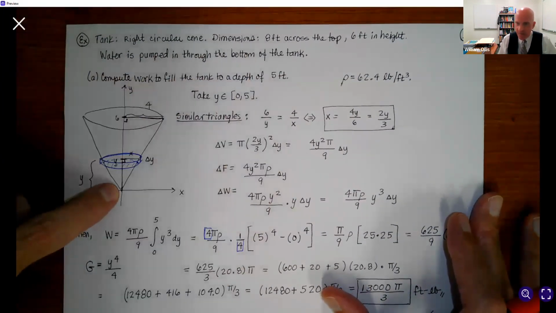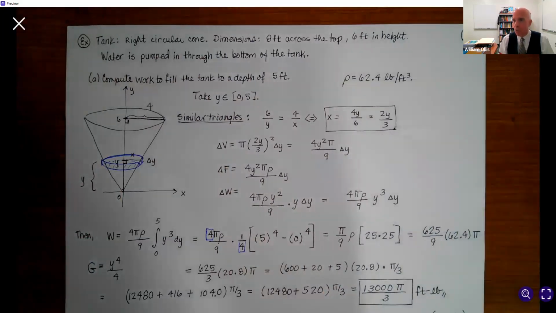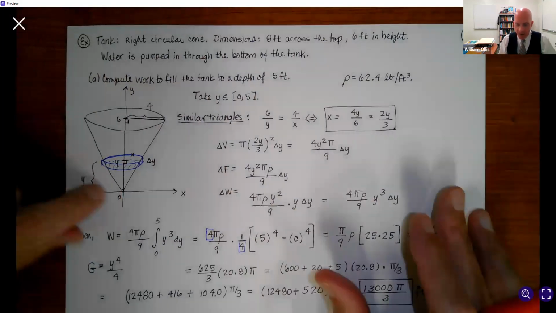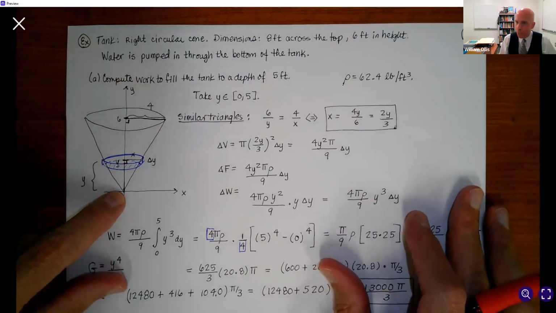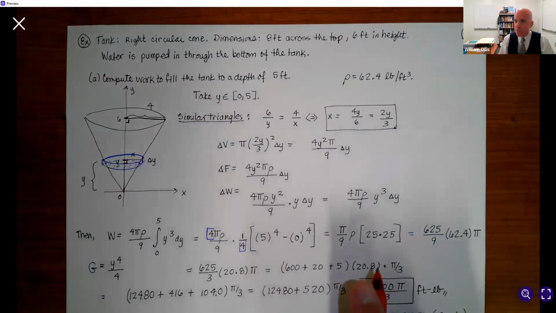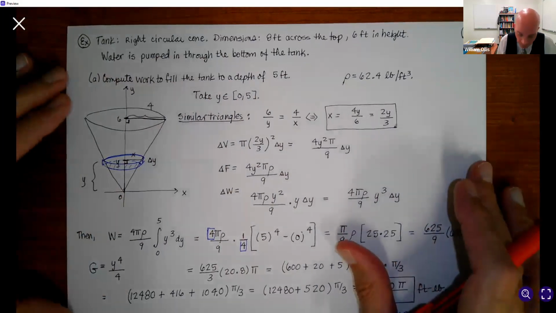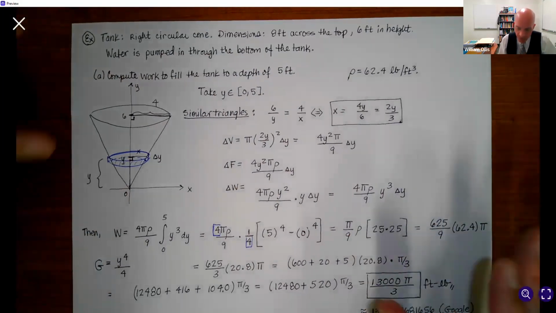So the source is down here, okay? You're not having to do any work to get the water to the tank. It's right at the bottom, okay? So that's where the source is, right here. So it's important that you note that, because that'll be very important as to how you set up your system of coordinates.